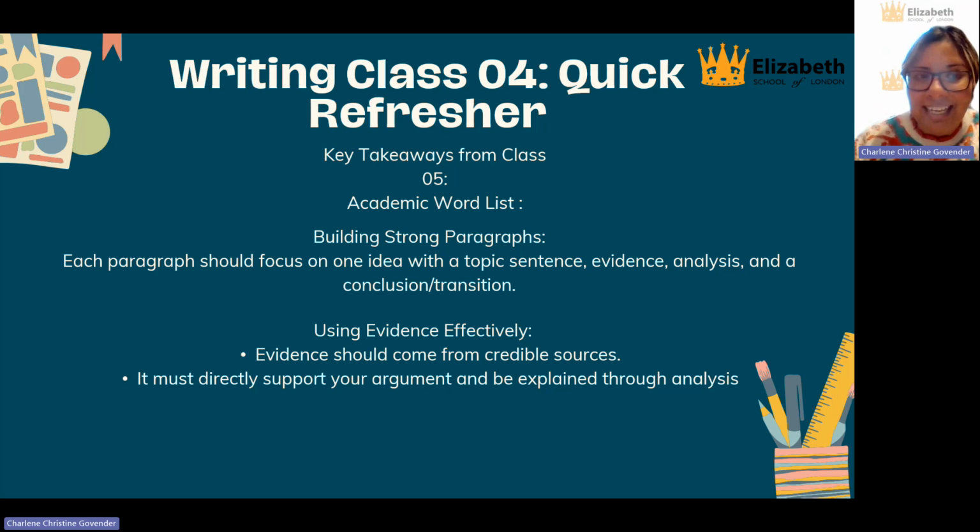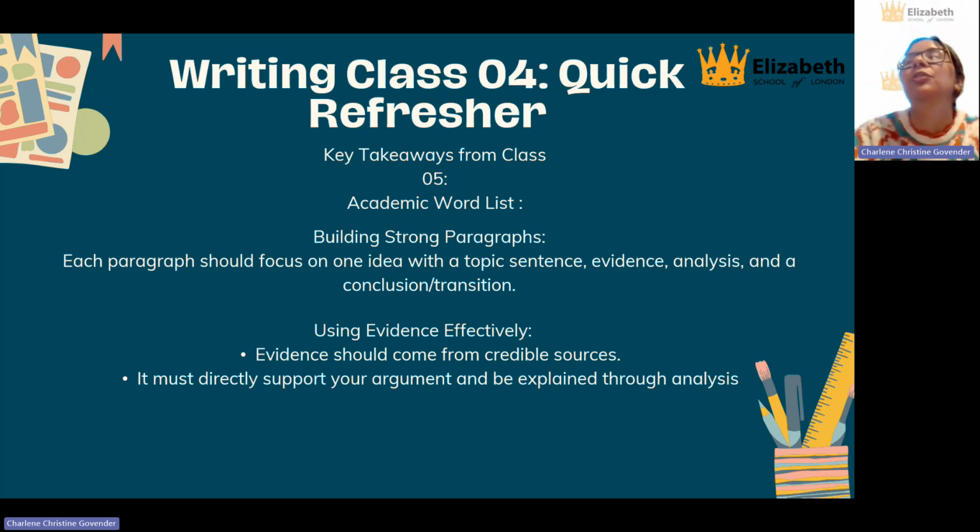Now, when we are using evidence, it should also directly support your argument. Okay. So this evidence shouldn't just be placed in your paragraph with no meaning to your work. It should have a direct impact. And of course, if you are using evidence, you need to explain it, okay? And that you would do through ways of analysis. So that is what we touched on.